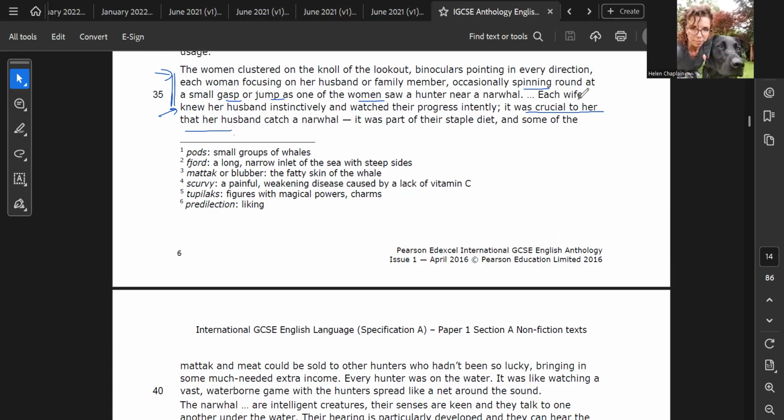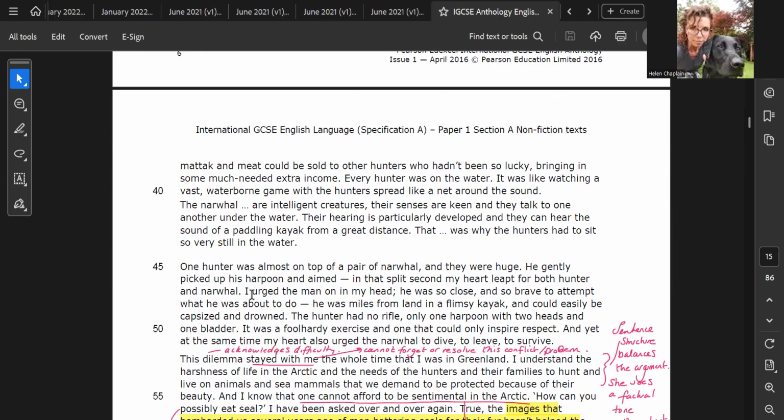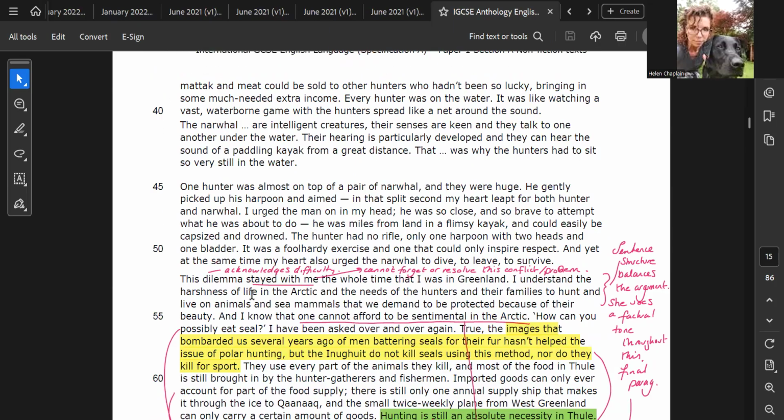It was crucial, that assertion, that statement. And the dash there structure wise saying, well, why is it so important? Well, they need it, and it provides a potential source of income, that they can actually sell it. And you get the idea that this is a community as well. This isn't something where somebody's going to go hungry.